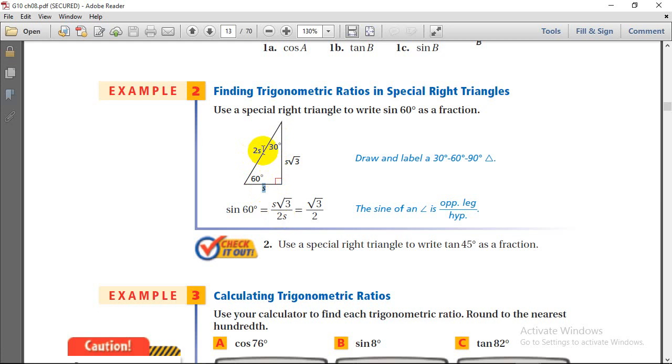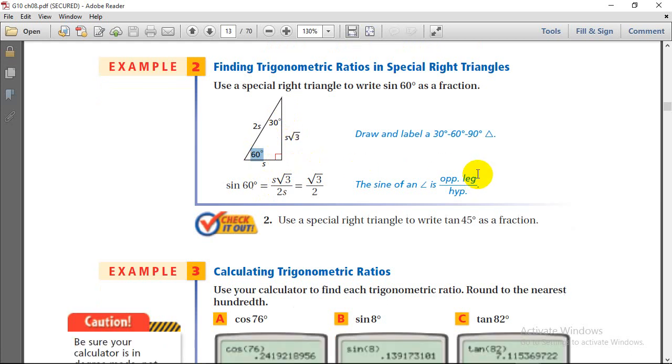So what's half of 2s? It's s, which is opposite to the 30 degree angle. Now the side opposite to the 60 degree angle is half the hypotenuse times square root 3.